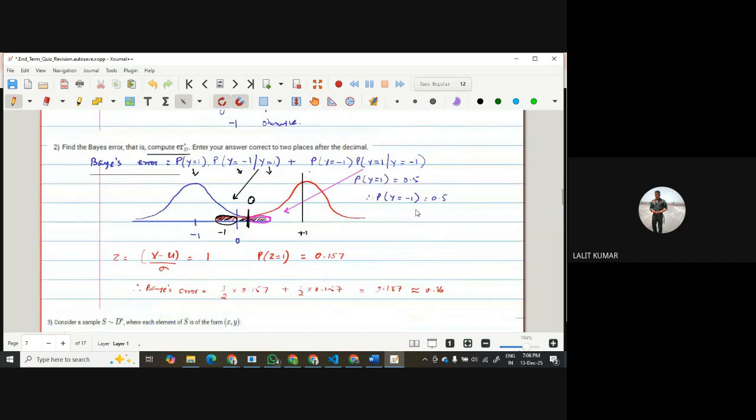Now for this error, we have to find the z value for this value here and the z value for this. This we had learned, if I'm not wrong, in statistics 2, how to compute z for a normal distribution. So z is x minus mu over standard deviation.